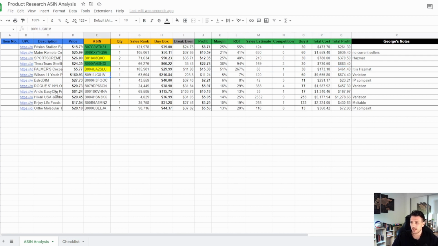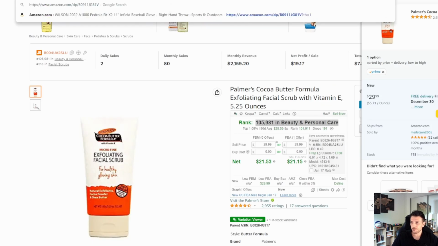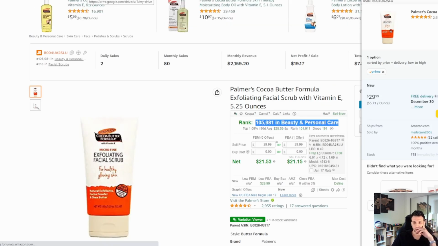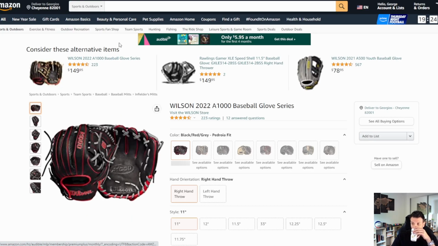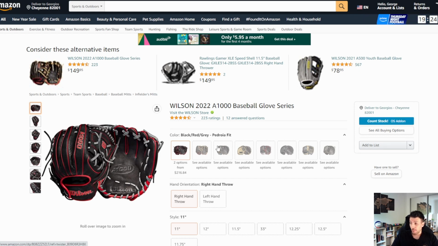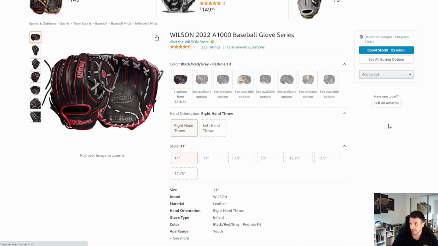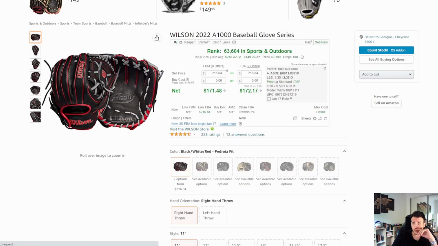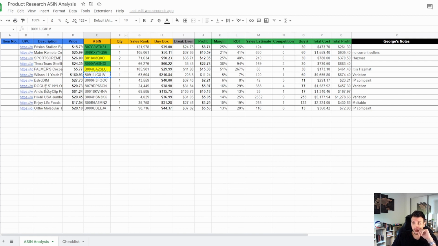All right, next, this one here. Okay, so this is a variation. There's plenty of variations here, so we can actually explore what we need to see when it comes to variations. Firstly, right off the bat, this product is $160.